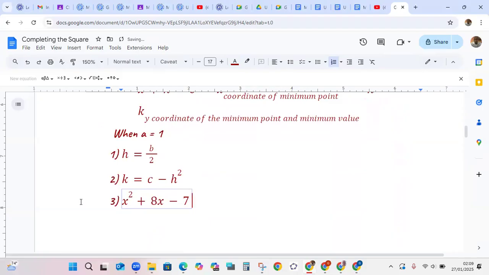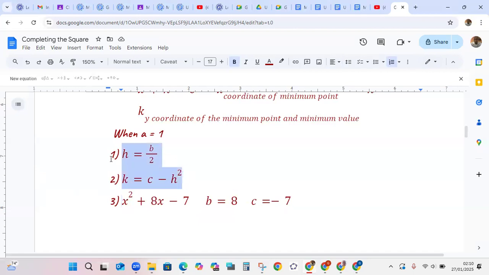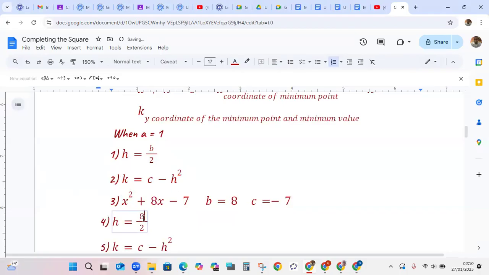Therefore, b is equal to 8, and c is equal to negative 7. So we can simply apply this process to find h. h will be 8 over 2, which is equal to 4.